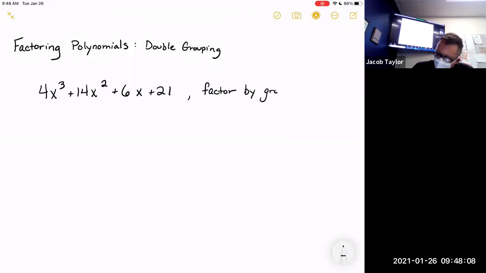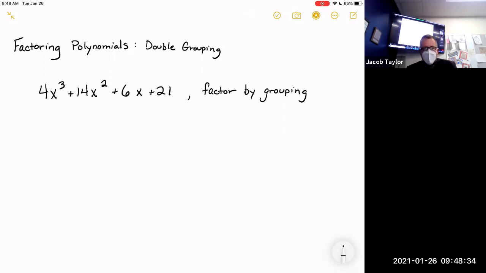It's like grouping like terms, except we're not going to group like terms together, because this particular problem, 4x cubed plus 14x squared plus 6x plus 21, doesn't have any like terms. All it's got is unlike terms. But factoring by grouping works like this.